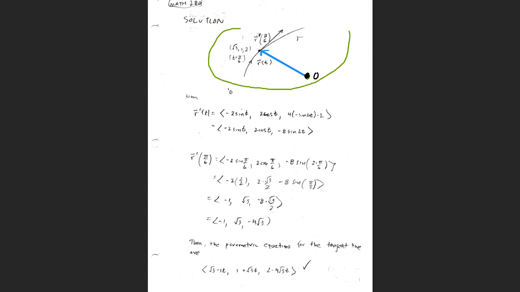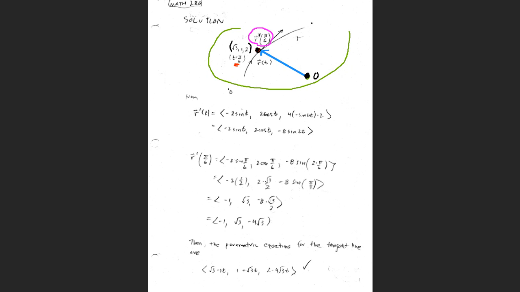When t is pi over 6, we arrive at the point with coordinates √3, 1, and 2. That's this point right here. We want the tangent vector. We want to know, what is r prime of pi over 6?